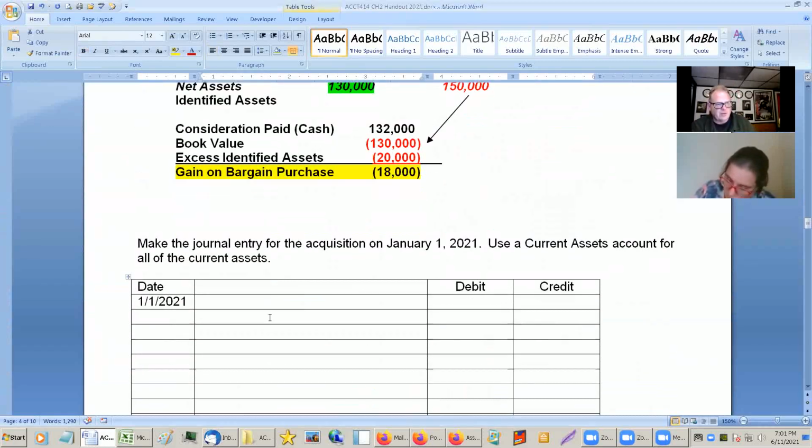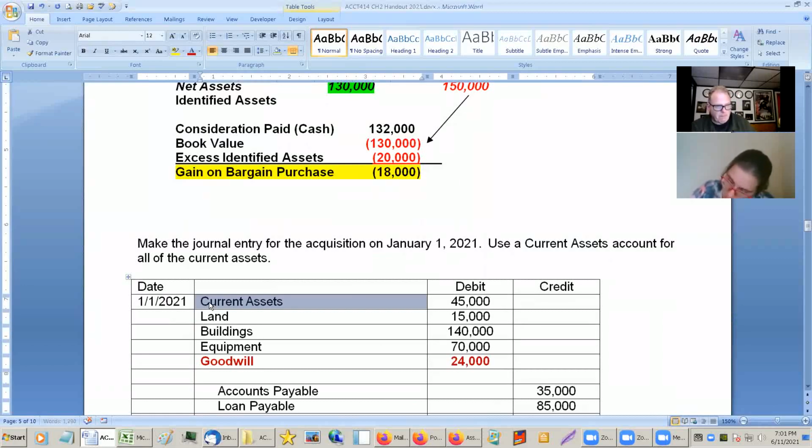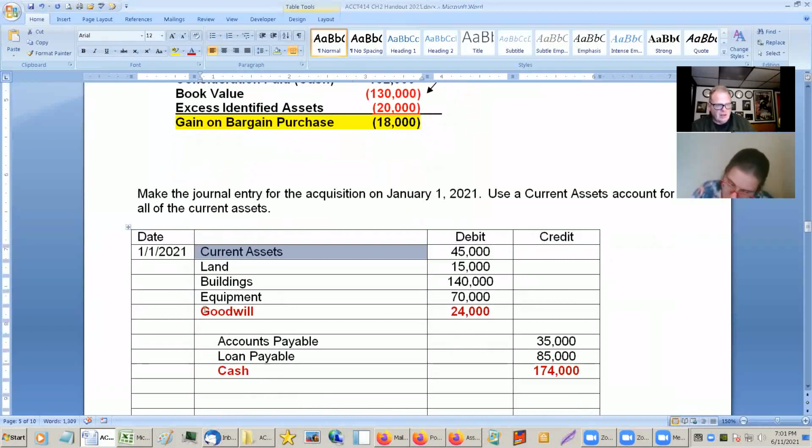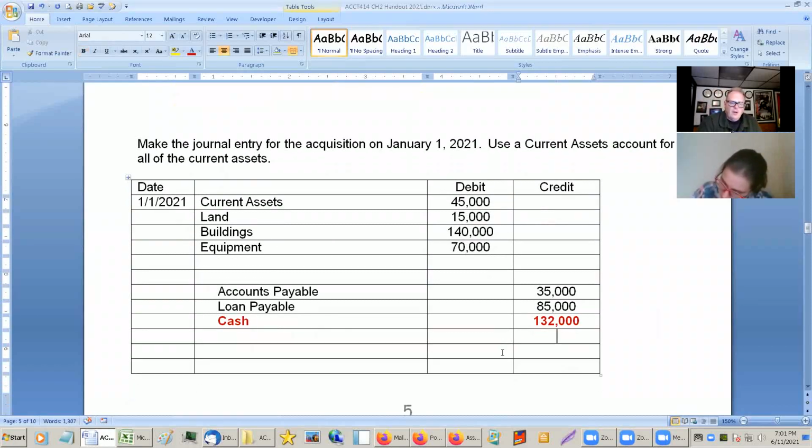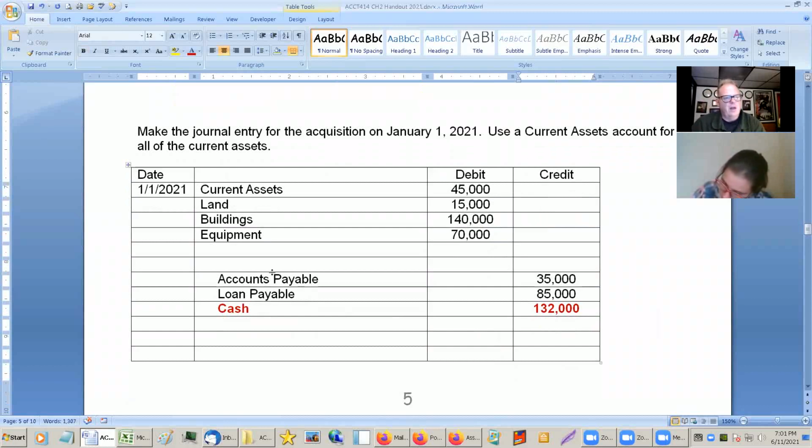Okay, so this one, there's definitely not any goodwill. Cash was 132. And we are going to put that gain on the books, and again, very unusual.